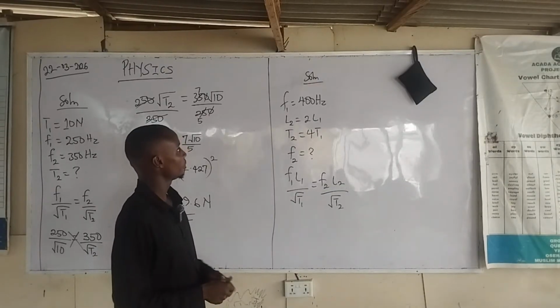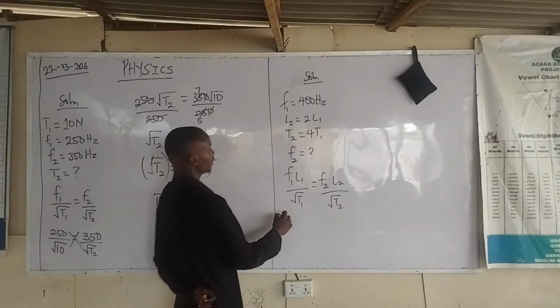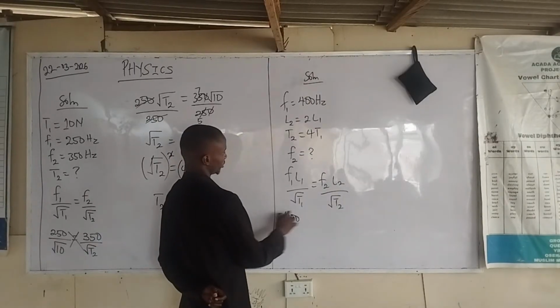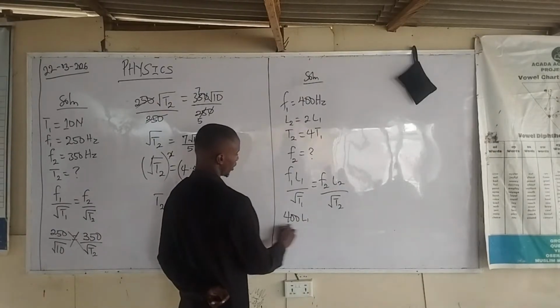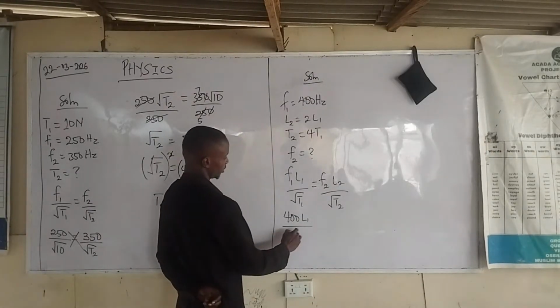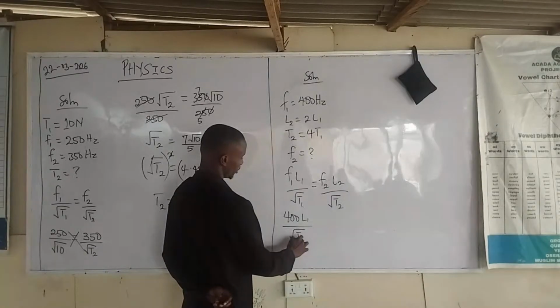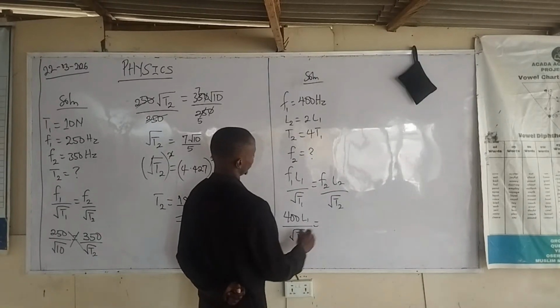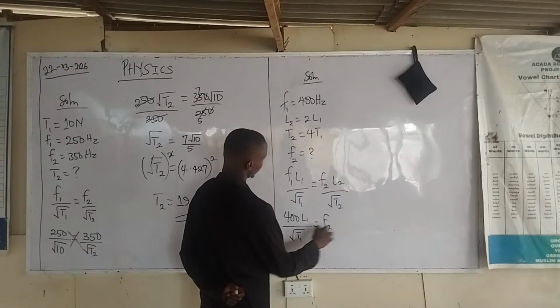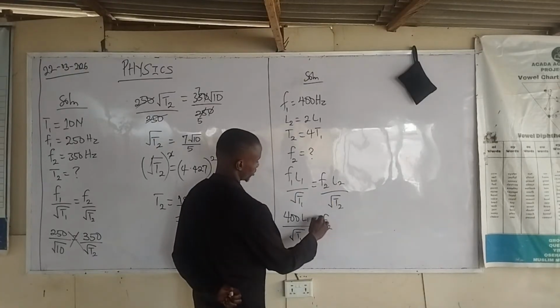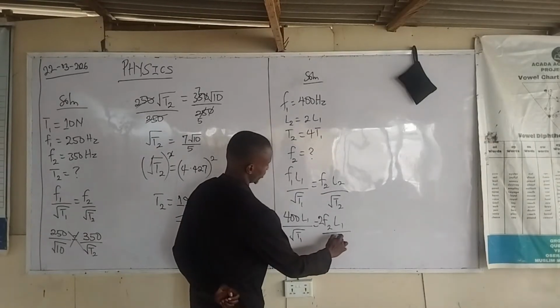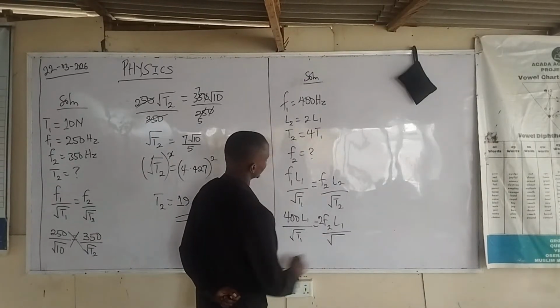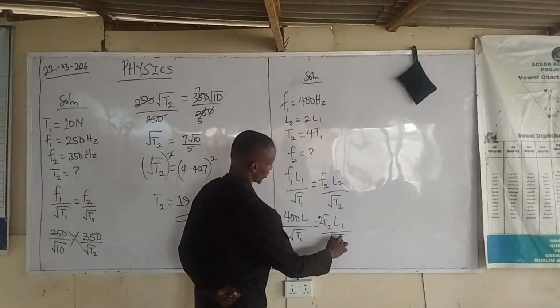So from the parameters given, we can say 400 L1 over root T1 is equal to F2 then 2L1 over root T1.